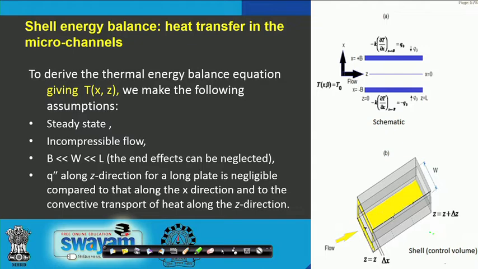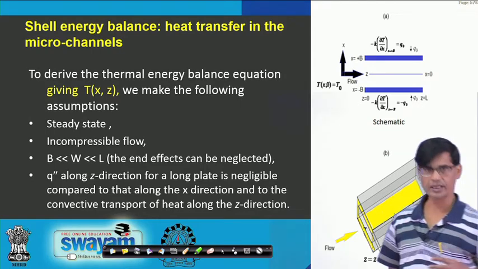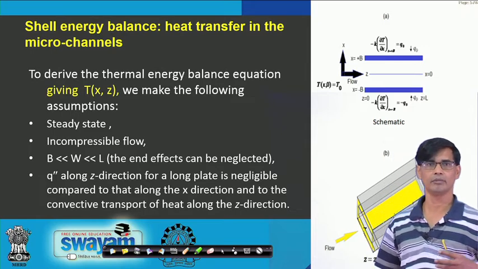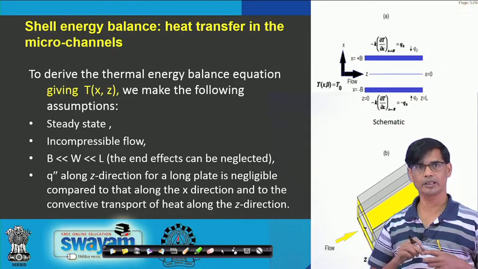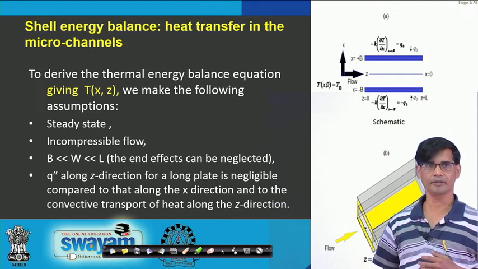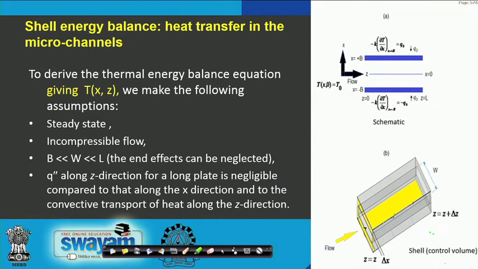That will help simplify the problem and derive the equation. If it is a long channel, you can neglect the heat flux along the z direction. Since the heat flux is given as the boundary condition in the transverse direction, the heat flux along z will be negligible compared to the transverse direction.